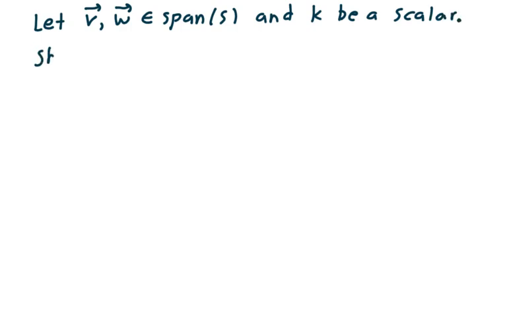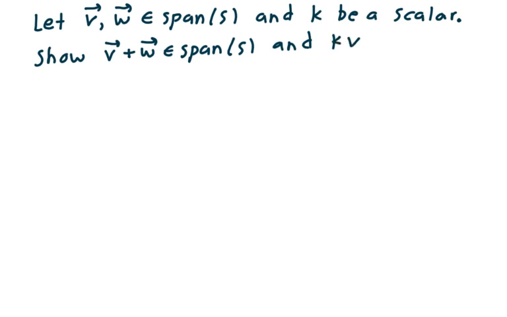So we want to show that V plus W belongs to the span of S and KV, right? So if I add two vectors, they belong to the span. If I take a scalar multiple of a vector, that also belongs to the span of S.